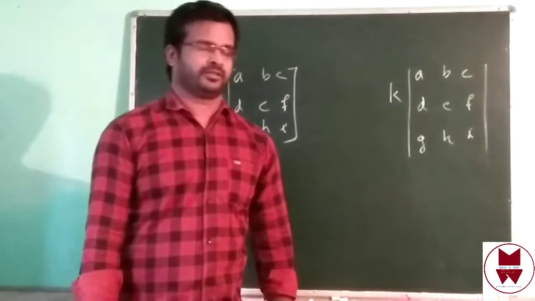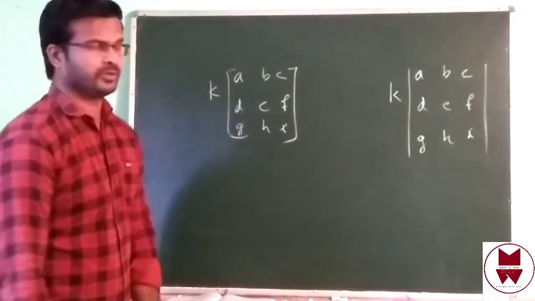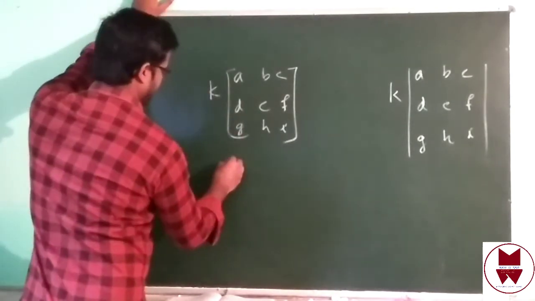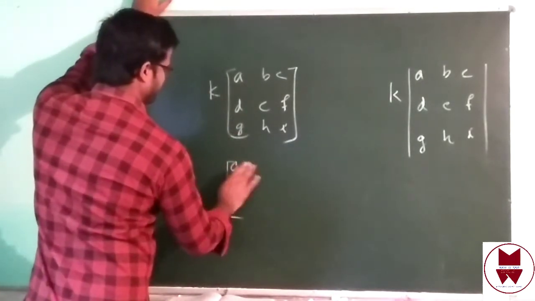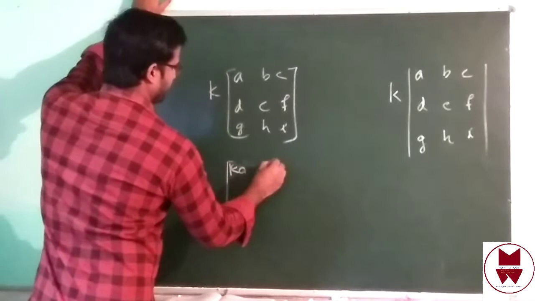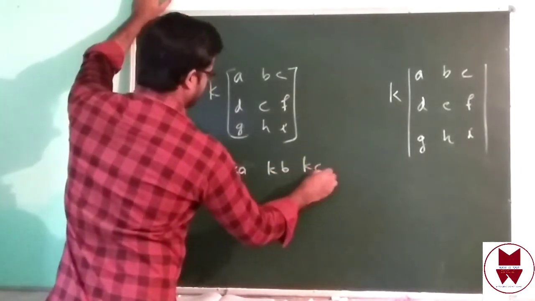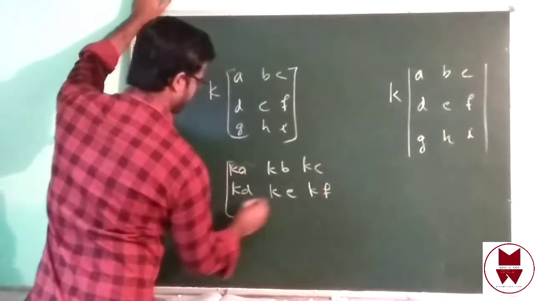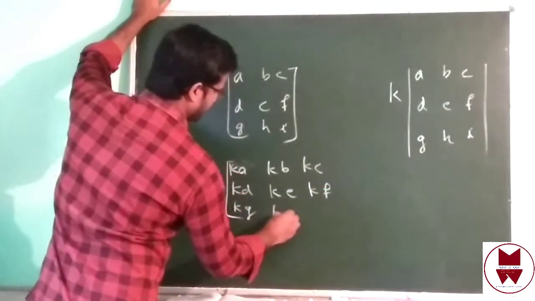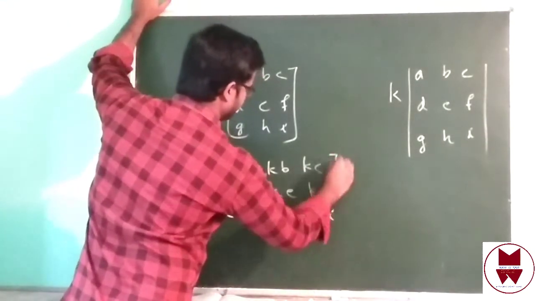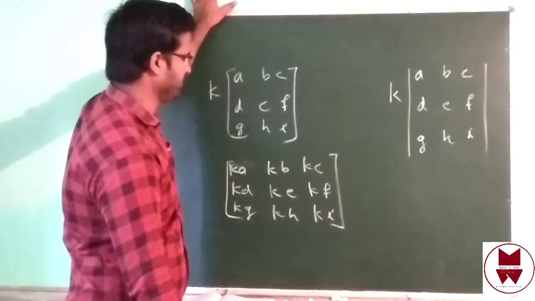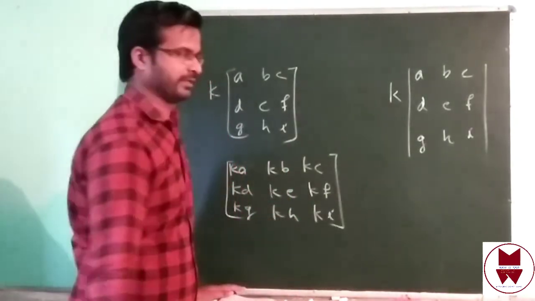Then one thing you have to keep in mind: in the case of a matrix, if you multiply by k, you can write kA, kB, kC, kD, kE, kF, kG, kH, kI. By k, you have to multiply each and every element in the case of a matrix.